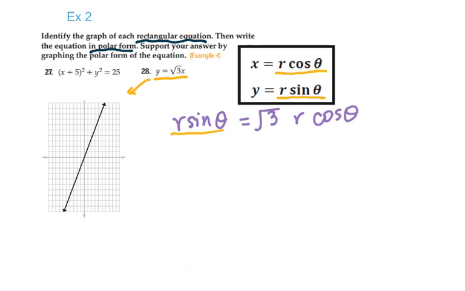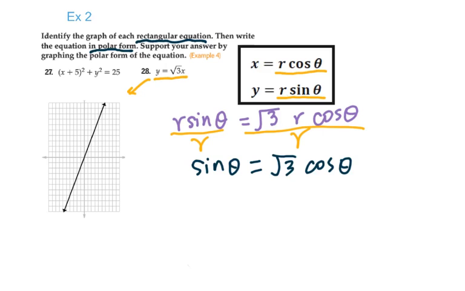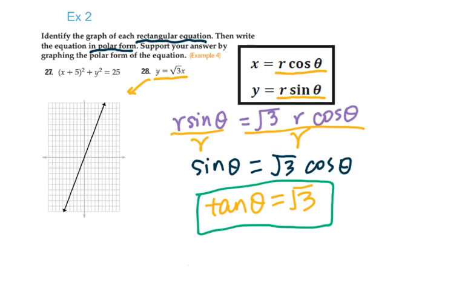So both sides divided by r, we got sine theta equals square root of 3 cosine theta. Then we divide by cosine theta on both sides. We got tangent theta equals square root of 3. And this will be the polar form for this equation.